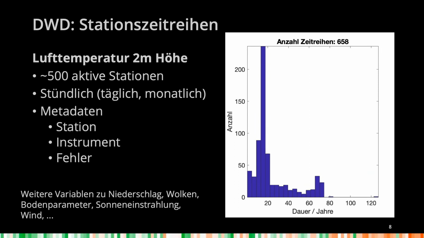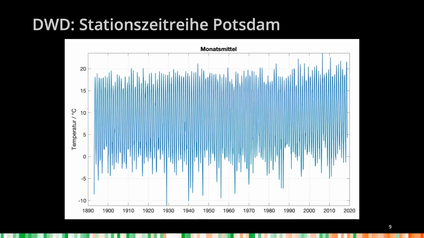So when you look at these time series, there's also, on the very right, data available from more than 120 years. That's Potsdam. So there you can download the temperature data, because the daily measurements are just like a thick blue band.